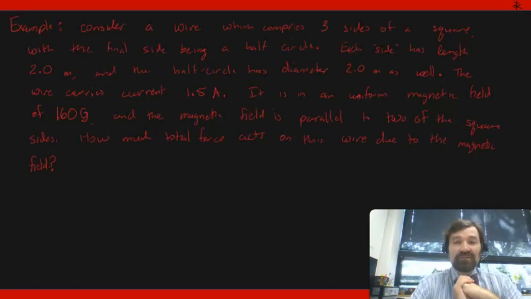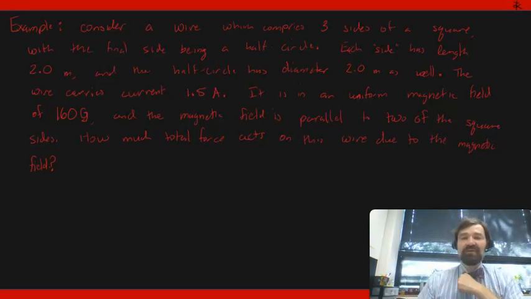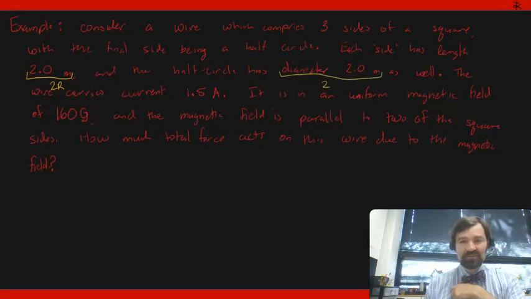And each of the sides of that square are of the same length as the total diameter of the circle. So in some sense you could call these 2 times the radius. This also is 2 times the radius of your circle.